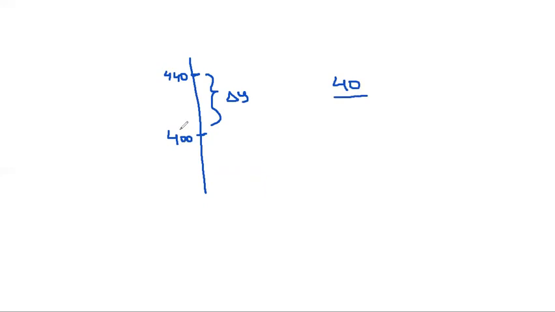And compare that to the original actual y value of 400. There's your relative error for the y's. And if you want to turn that into a percentage error, you put it over 100. So this would be the same as 10%. That is your relative and percentage error for the y's, pretty much the same idea as the x's.